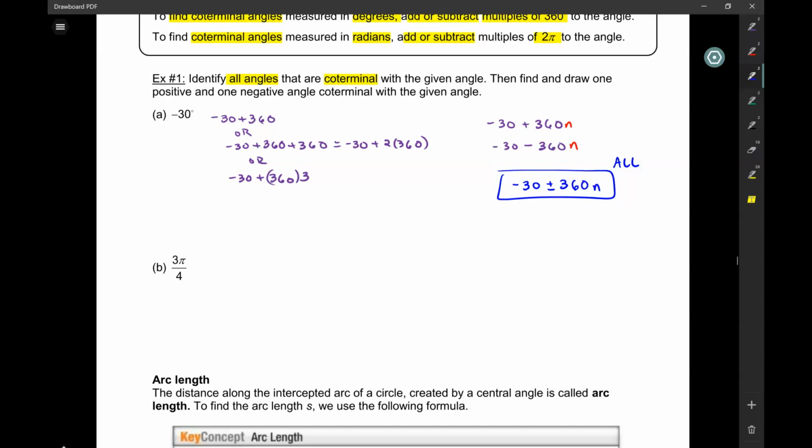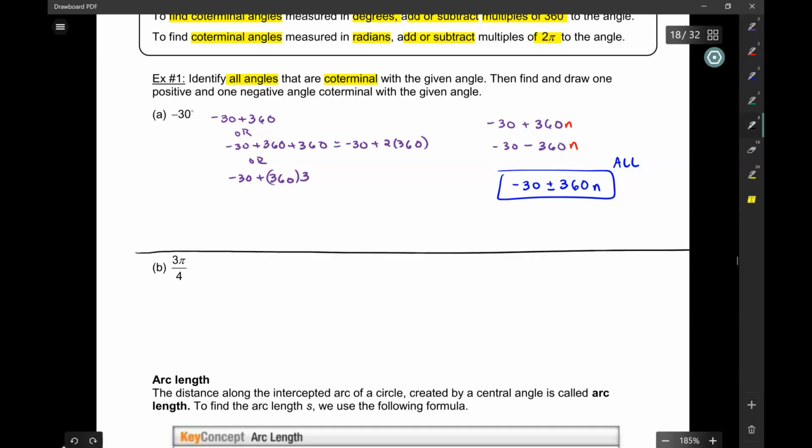Then find and draw one positive and one negative angle coterminal with the given angle. Can we do that part? Let's see. To find one positive coterminal angle, I'm going to do negative 30 plus 360, which is 330, and for a negative one, negative 30 minus 360, how much is that?